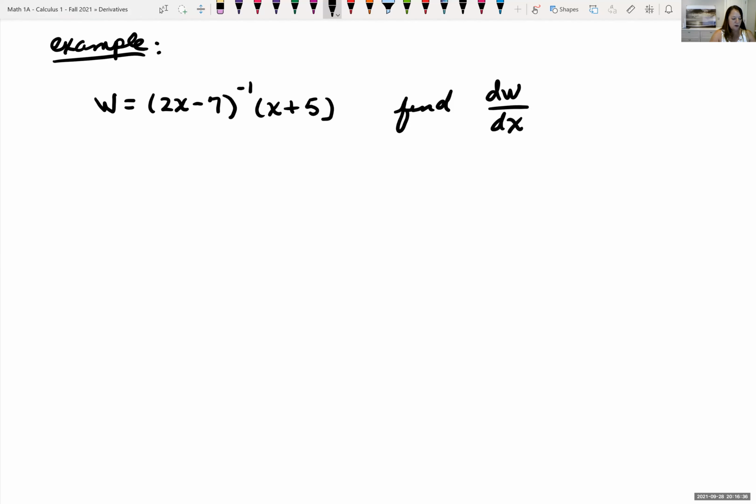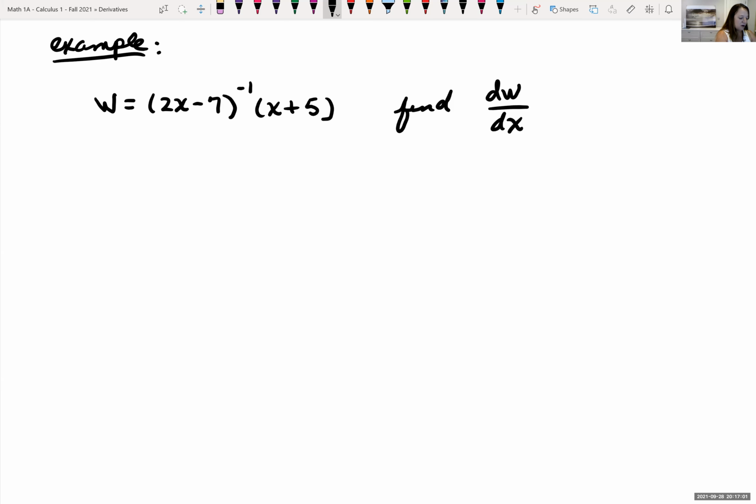Right now, the way this is written, we don't know how to take the derivative. In the future, in a couple more sections, we'll learn the chain rule, and we can use the chain rule plus the product rule. But we don't know the chain rule yet, and so we don't know how to take that derivative of 2x minus 7 raised to the -1 power. So we could rewrite this and then use the tools we know to find the derivative.